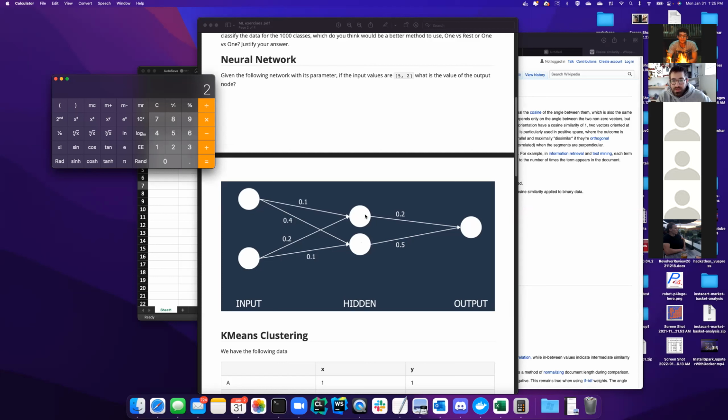Now 0.9 times the 0.2, that's 0.18, and the 2.2 times 0.5, that's 1.1. And we get 1.28. I'm not sure if I did anything wrong. Did you guys get this number? Yeah, that's it. Okay, so my calculations are correct. So that's how you calculate this. The answer at the output will be 1.28.